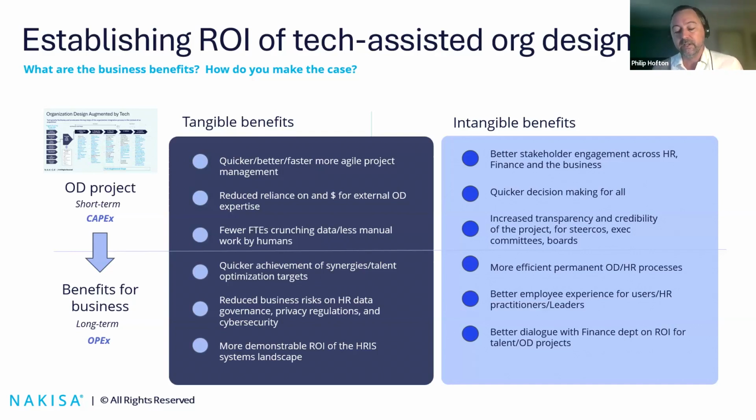Myself, I was always kind of worried about people consolidating data on the org design and then finding out at the wrong time that it wasn't accurate. In terms of the tangible benefits that can be calculated for the long term: quicker achievement of synergies, talent, and optimization targets.